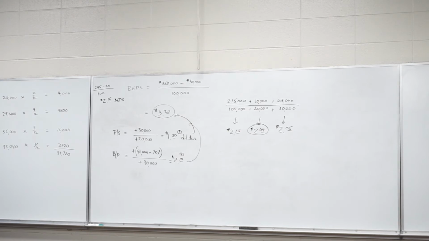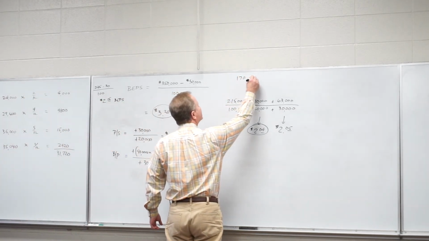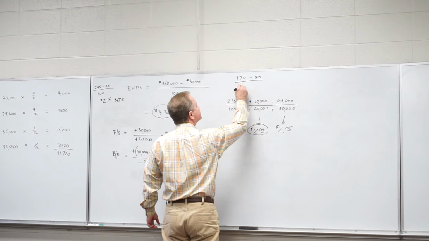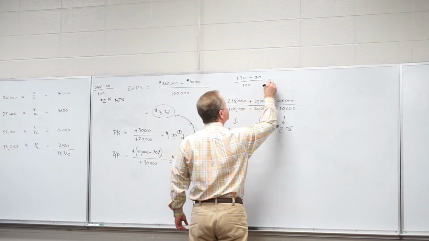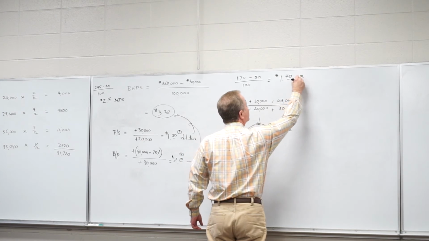Okay, look at number 15. If net income for year 5 was 170,000, well, we go back to here. It'd be 170,000 minus 30,000 divided by 100,000. That would be basic EPS is $1.40.